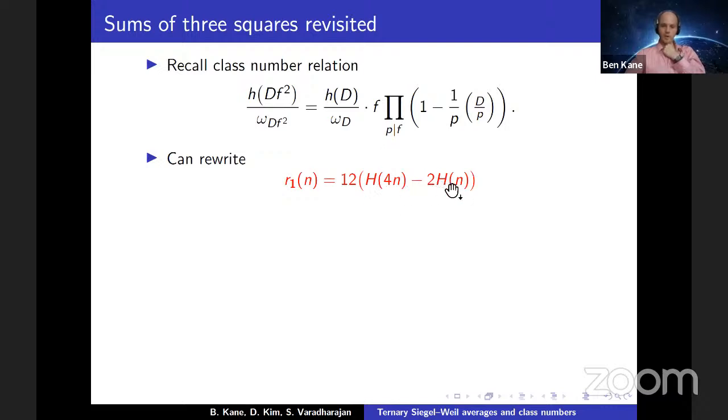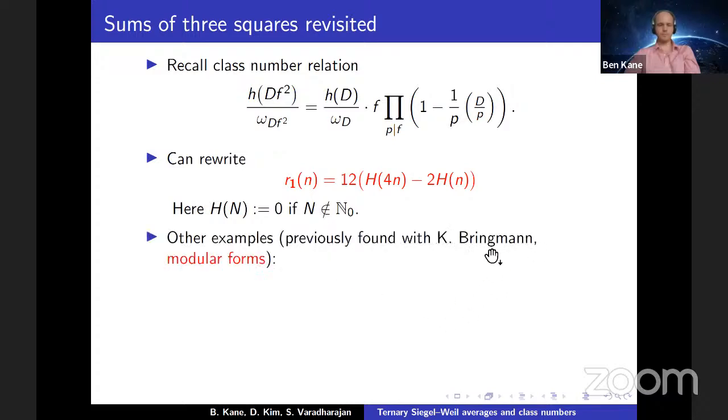And when it's 7 mod 8, it's actually equal to 2 h of n, and then this cancels completely. In this case it doesn't show up, but later on we're going to use the fact that if this is not an integer, we'll take it to be 0.